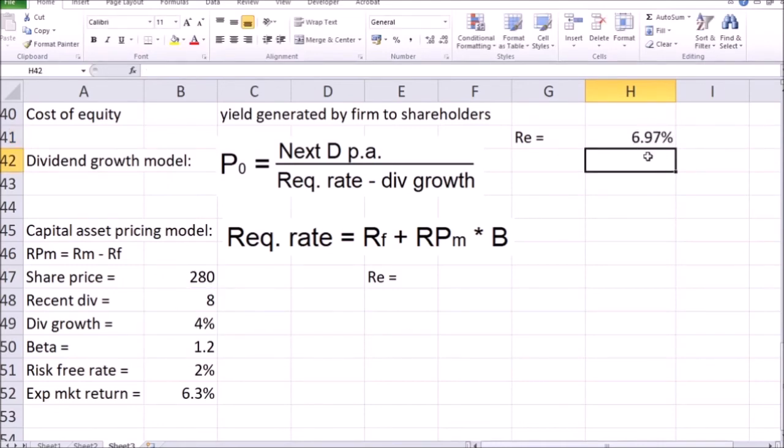All of that gives us 6.97% as the required rate of return, or the cost of capital to the company if the company raises the capital by issuing new shares. That is according to the dividend growth model.